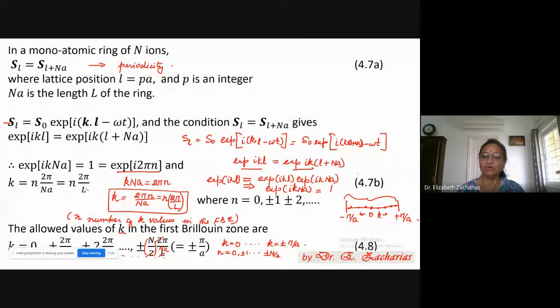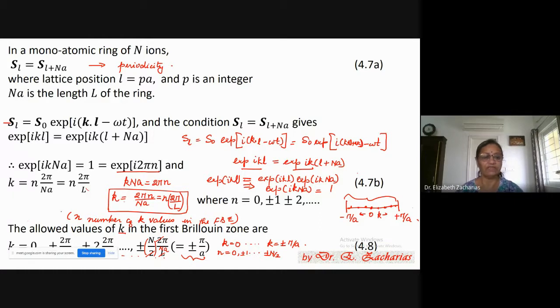For that, first you put small n equal to 0, then small n equal to plus minus 1, plus minus 2. You keep doing that, and when you reach small n equal to capital N by 2, you find that you are arriving at the border of the Brillouin zone.